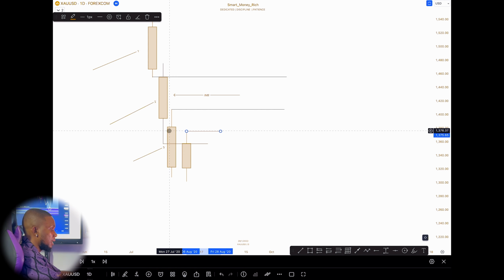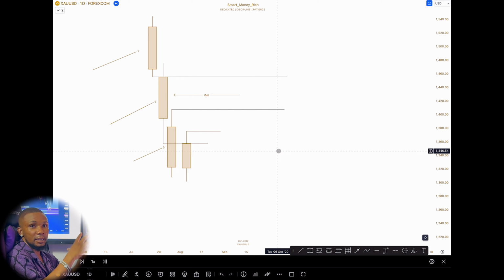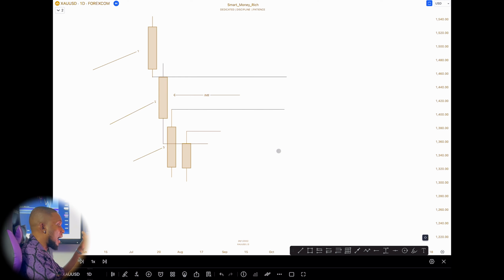There is no imbalance between 1, 2, and 3, but there's an imbalance here between this candle and this candle. This open gap right here is an imbalance. So this is how to spot imbalances on your chart. Now this is a textbook example.